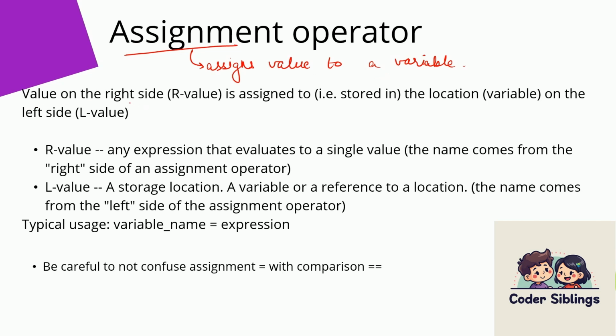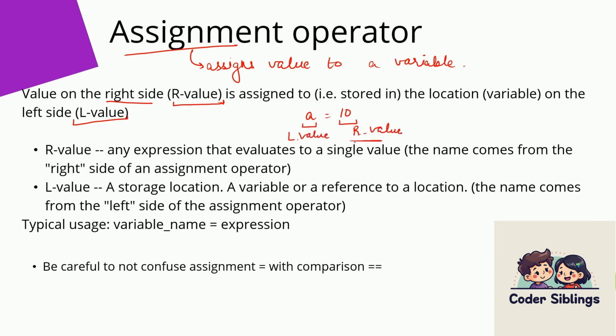The value on the right side, known as R value in terms of computing, is assigned to the location variable that is on the left side, right? So if you write A equal to 10, this is the R value, this is the L value.